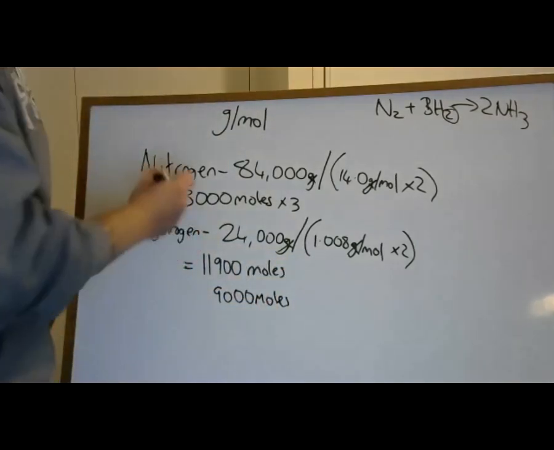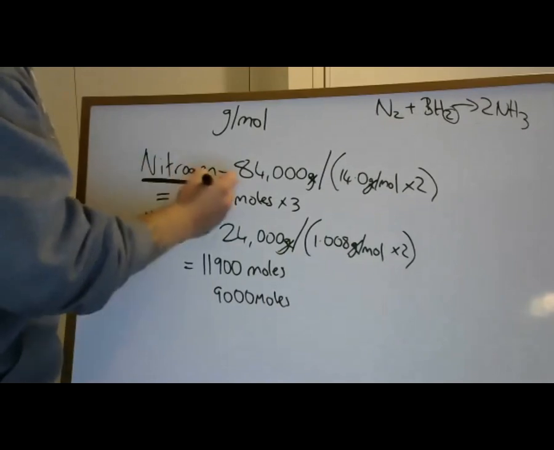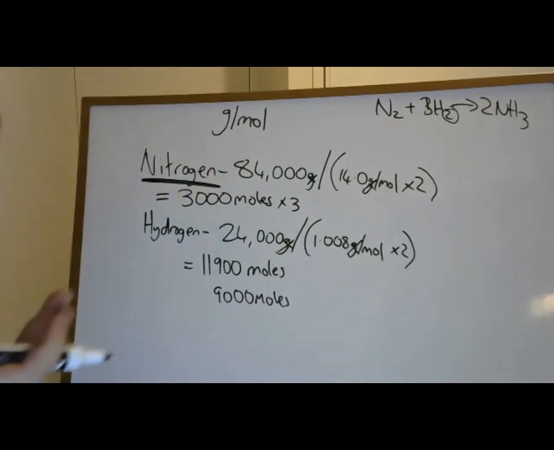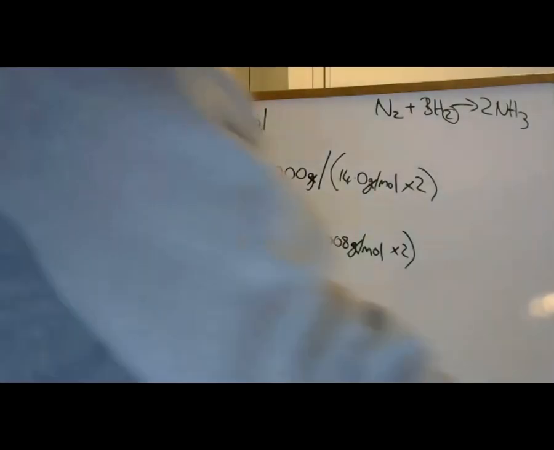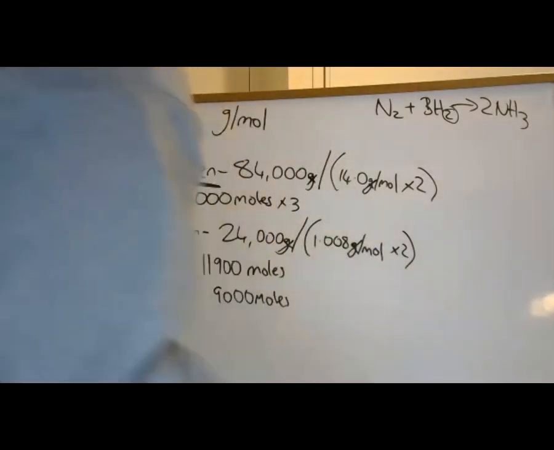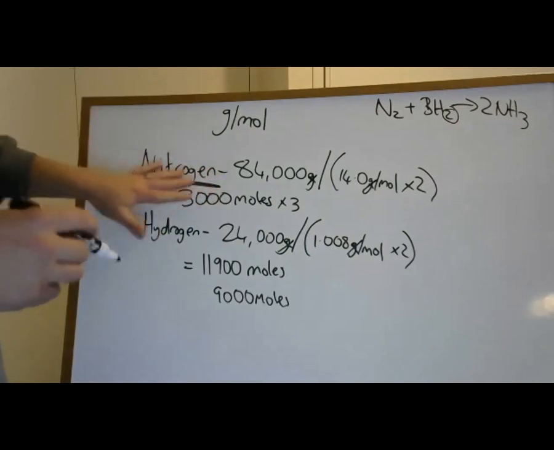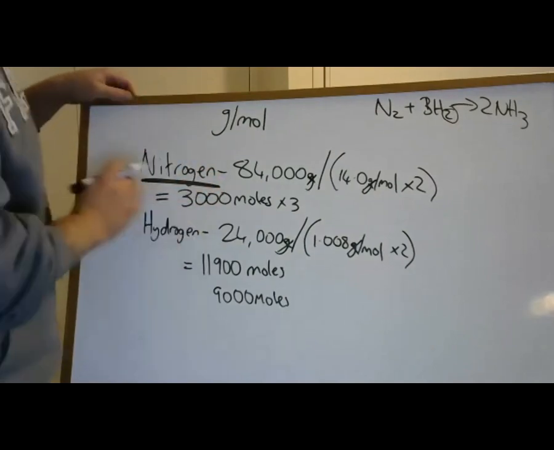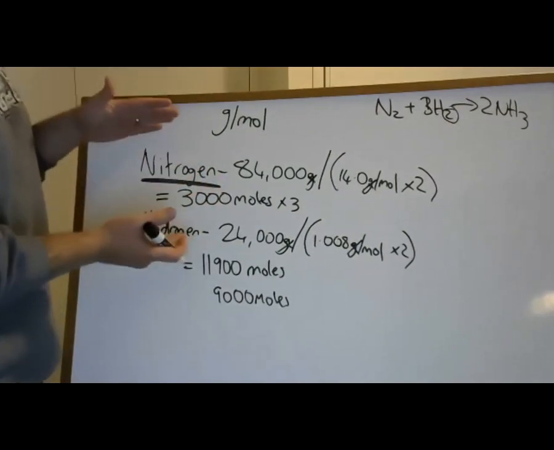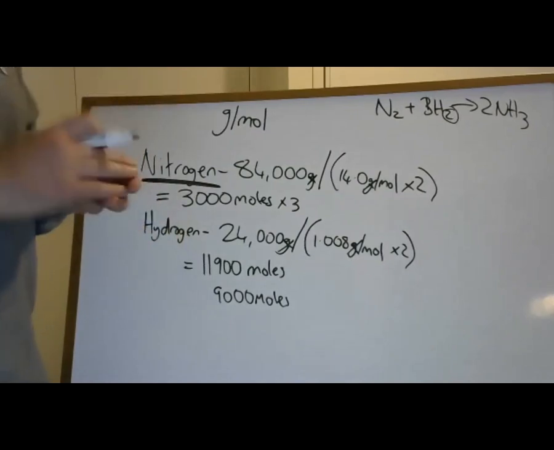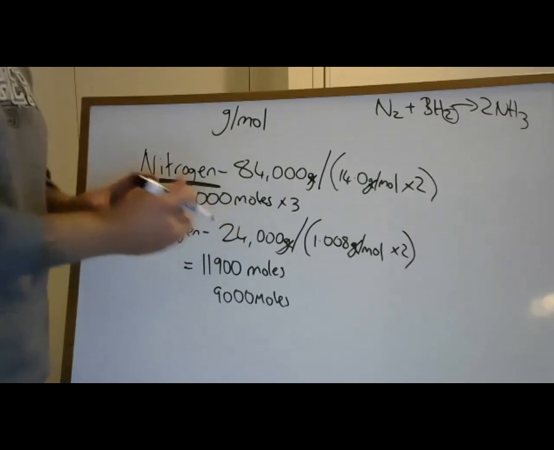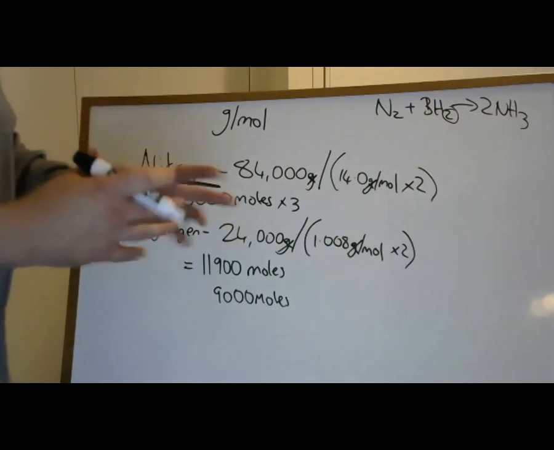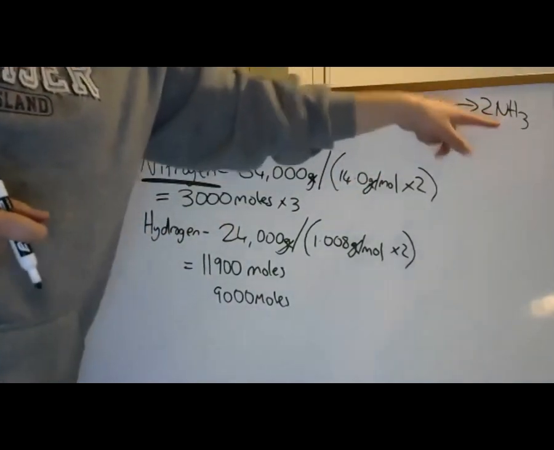So nitrogen is the limiting factor here. So when you mix this much nitrogen and this much hydrogen, and they start joining together, eventually the nitrogen will run out first, and the hydrogen will be there at the end by itself, and obviously with the ammonia as well.